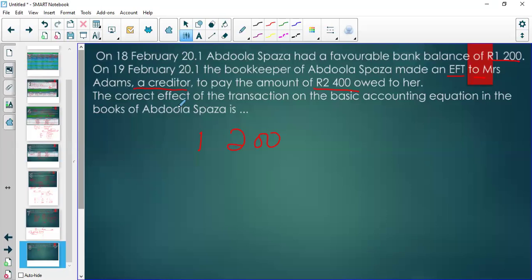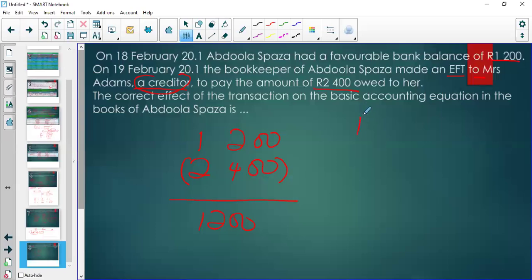We're supposed to pay them. So now we are paying that creditor, and we paid 2,400. It means that we now have an overdraft of 1,200. In other words, we overdrew the account, so now our bank account is in the negative. It has moved from being an asset to a liability.